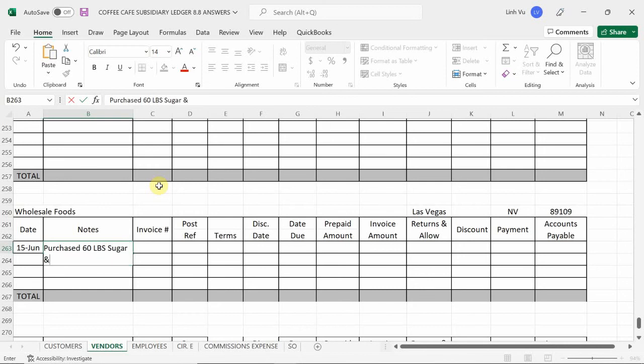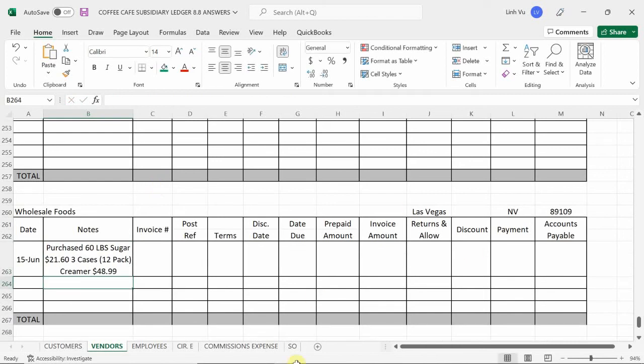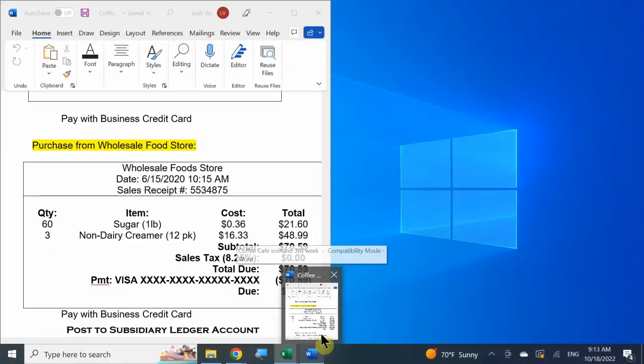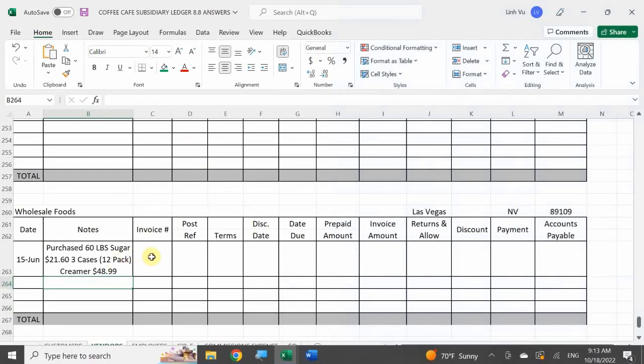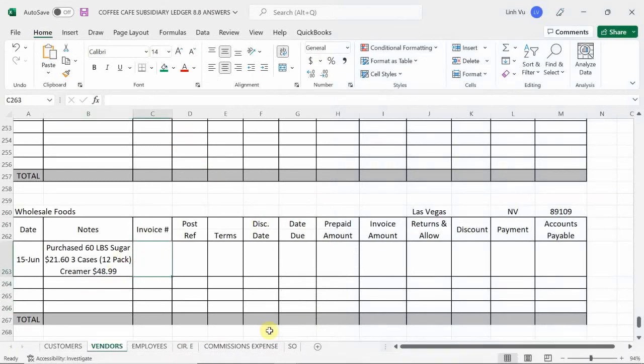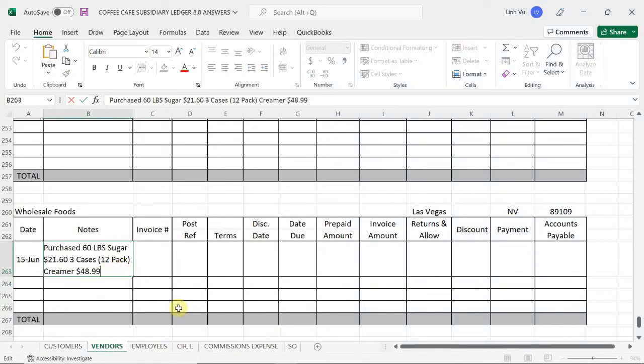And non-dairy creamer. We bought 3, for $48.99. Right, okay. My sales receipt number, I paid with my Visa credit card.